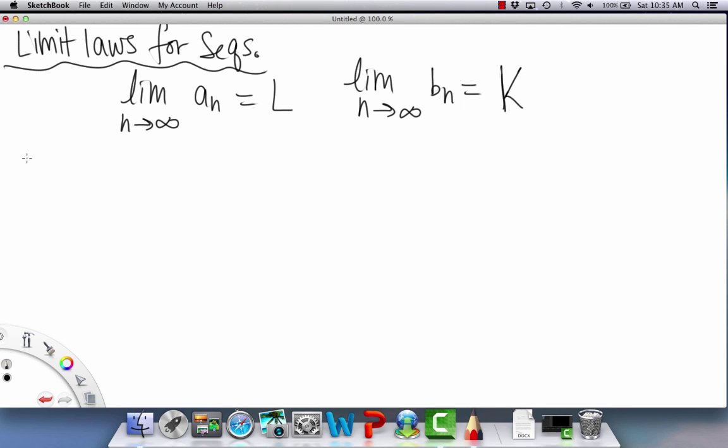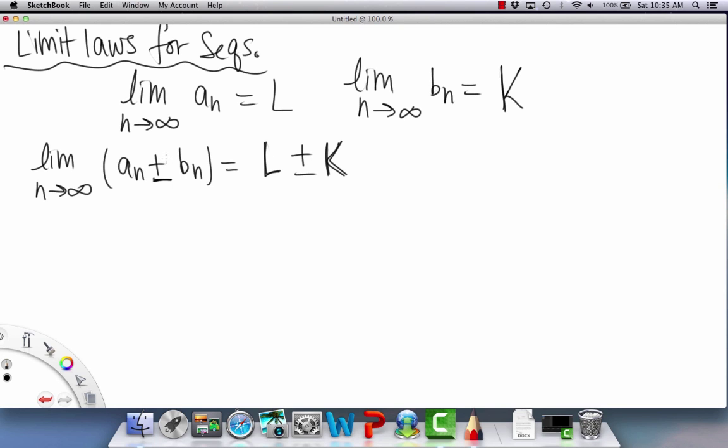So basically, some of the limit laws just say that these limits share some properties. Let's say you were to add the two sequences or subtract the two sequences from each other, then that would just mean that the limits are related by the same operation. So that'd be L plus or minus K: if you're adding the sequences, then it'd be L plus K, and if you're subtracting, then it'd be L minus K. So that's pretty simple.